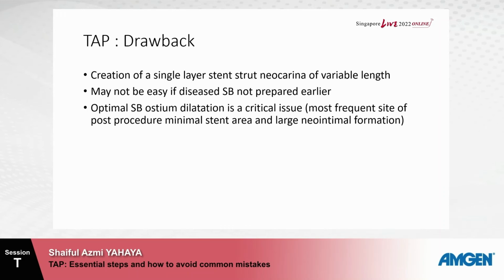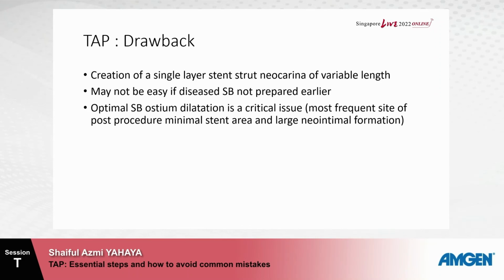The drawback of a TAP technique is that it creates a single layer stent strut neocarina of variable length. Therefore, you have to make sure that the side branch stent touches the main vessel stent with a minimum overlap to prevent such a long neocarina later on.